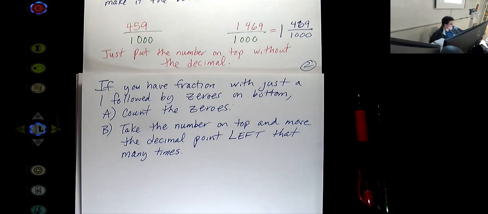Like if I have $1, I'm not going to say 1 point. I'm just going to say 1. So if there is no decimal point, it's at the end.